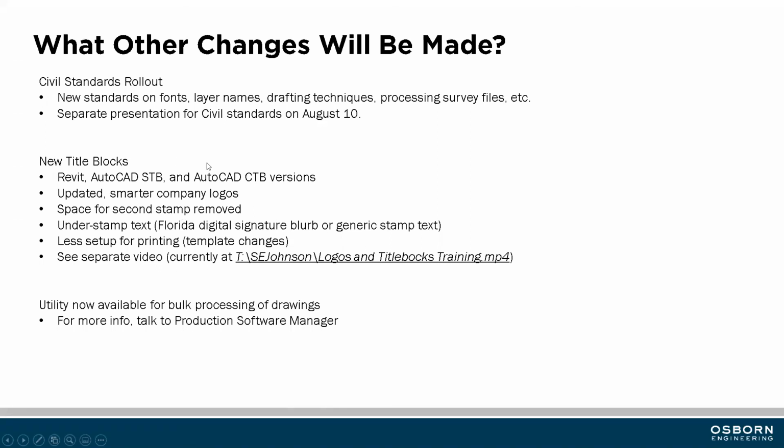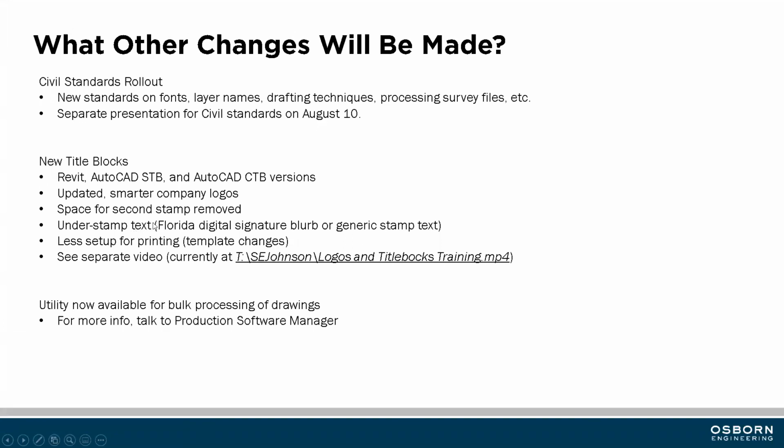We are also rolling out new title blocks for Revit as well as for AutoCAD, and we even made old CTB versions of the new title blocks. The new title blocks are going to have updated, smarter company logos. We're getting rid of that empty box for the second PE stamp that nobody uses anymore.